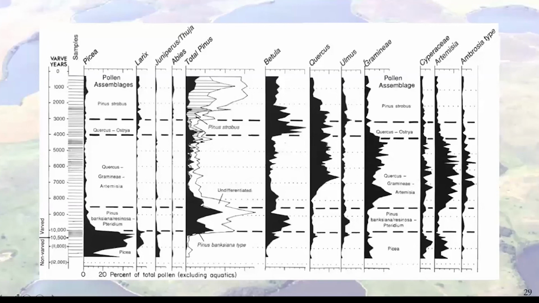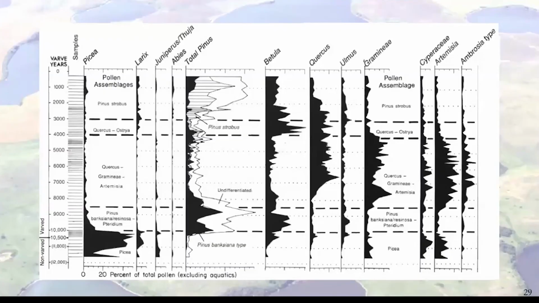Okay, so vegetation reconstruction tells you that it went from the early Holocene cold climate with spruce trees, changing to jack pine, and then prairie, which is warmer and drier, and coming back to a slightly cooler and wetter climate.